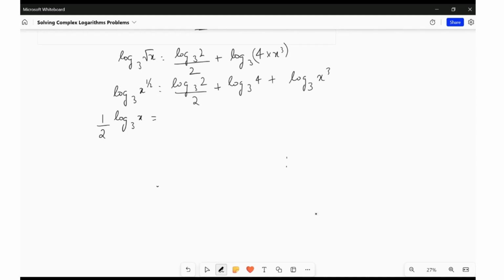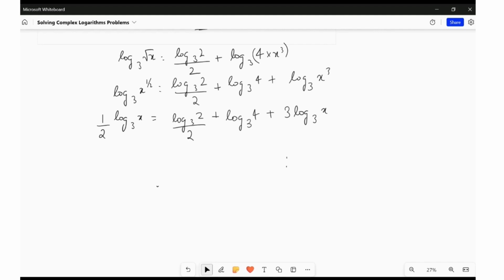Now log x cube base 3 we can write as 3 log x base 3, so 3 log x base 3 plus log 4 base 3 plus log 2 base 3 by 2.